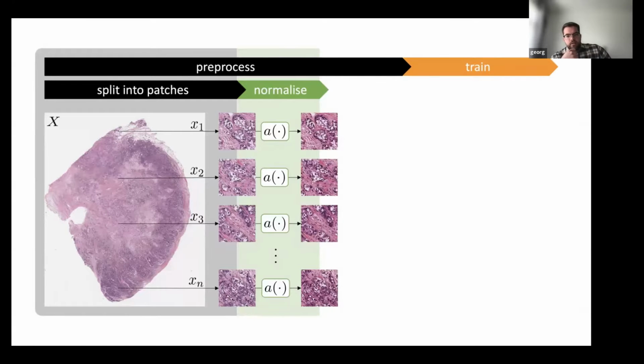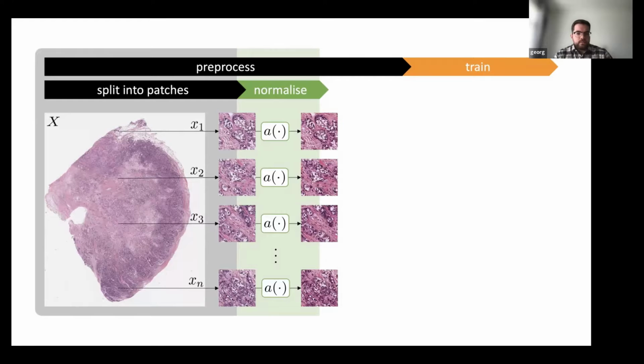So all of the patches, or the entire slide, depending on how it's implemented, undergo this sort of stain transformation. The reason for that is that oftentimes we get slides from different centers, different countries, different scanners, slightly different dyes, and different microscopes.